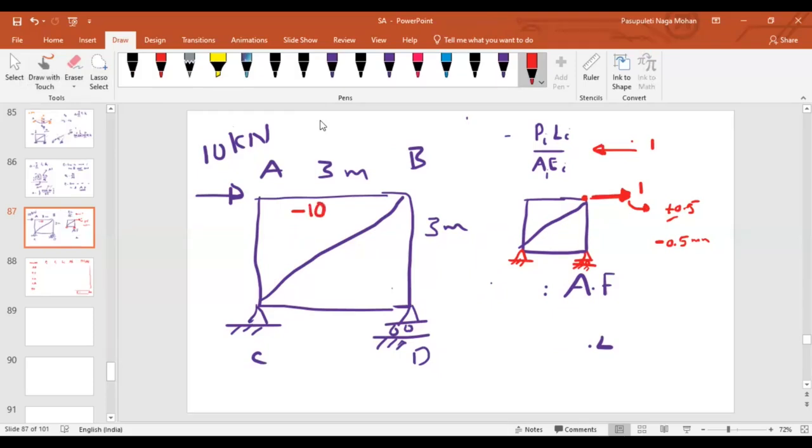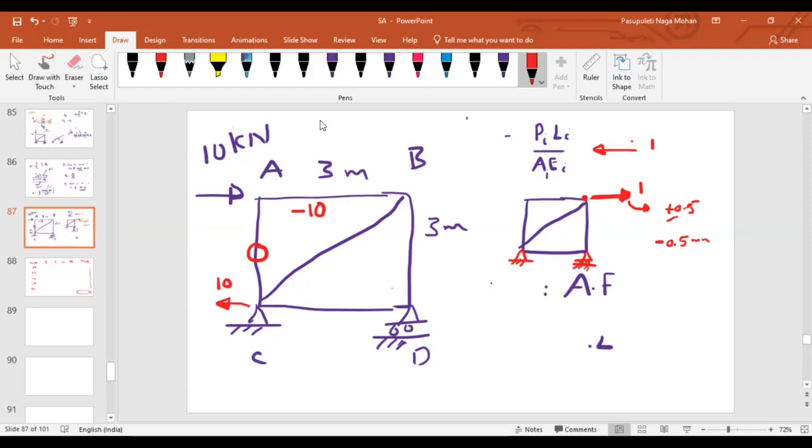What about the member force in AC? 0, sir. No force acting on the member. What about the horizontal reaction here? Can I represent it as left side 10? Yes, sir. I think I can quickly find the support reactions too.